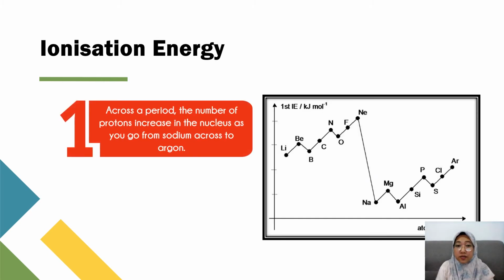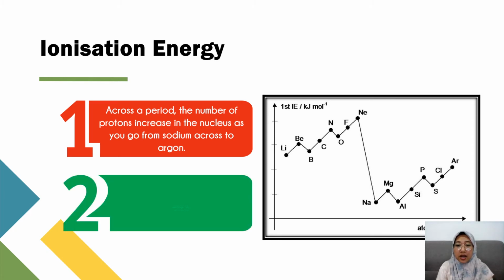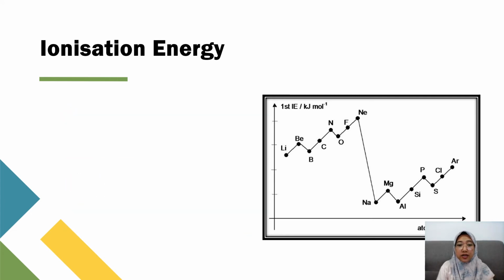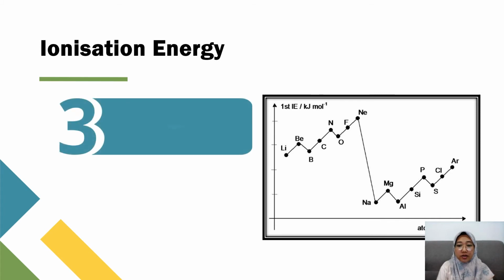Okay, across a period, the number of protons increase in the nucleus as you go from sodium across to argon. In fact, the increasing nuclear charge drags the outer electrons in closer to the nucleus. So, it increases the nuclear charge.